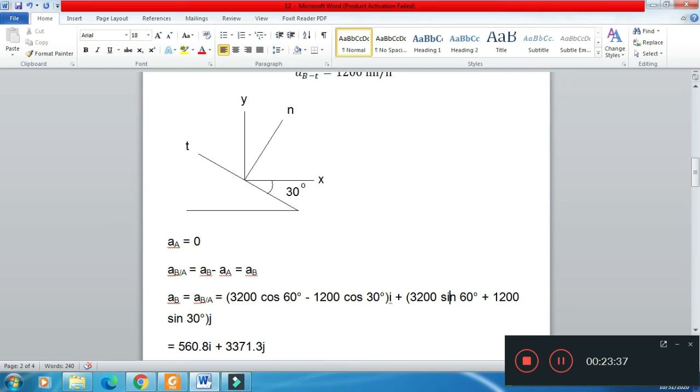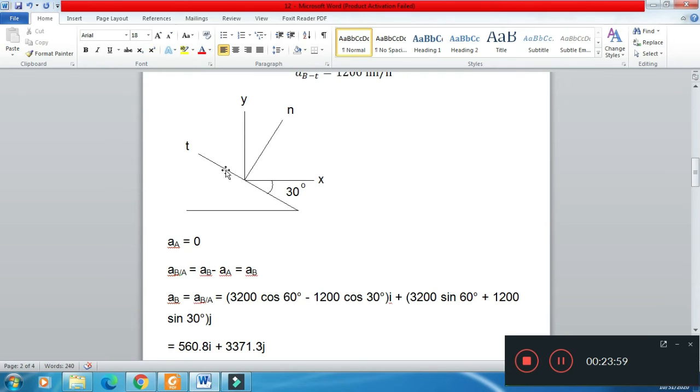Then we find the y component of acceleration. For the y component, 3200 is the normal acceleration, and to find the y direction we multiply with sine 60.